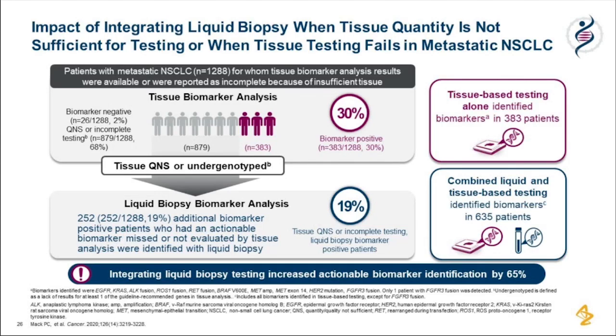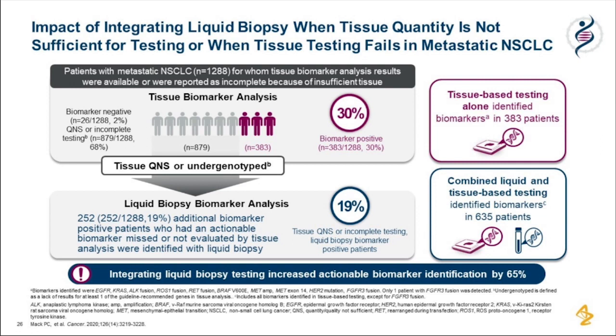And then when we take a look at the impact of integrating liquid biopsy when tissue quantity is not sufficient for testing, or when tissue tests fail in the metastatic setting, right? So if tissue is quantity insufficient or under genotyped, we can see that with liquid biopsy, it was actually able to pick up 19% actionable biomarkers in those patients.